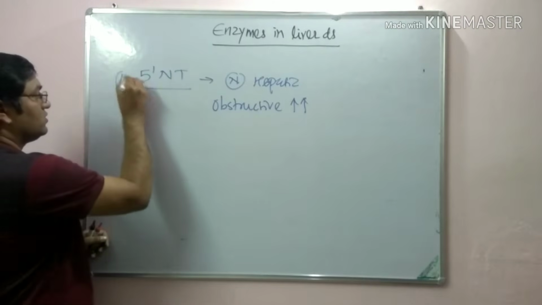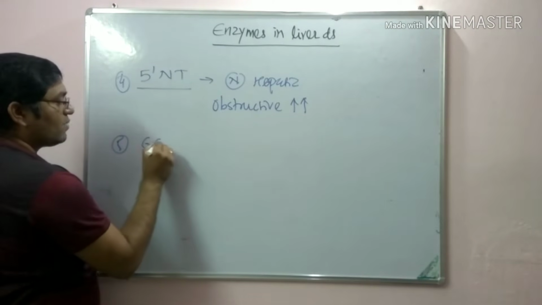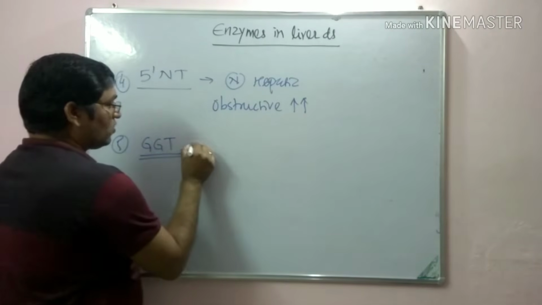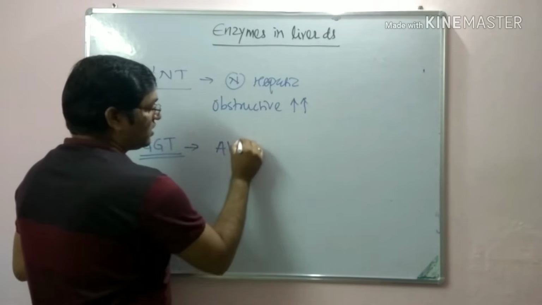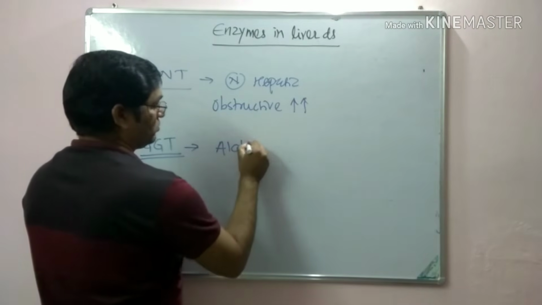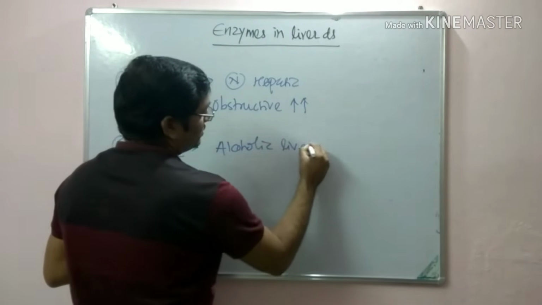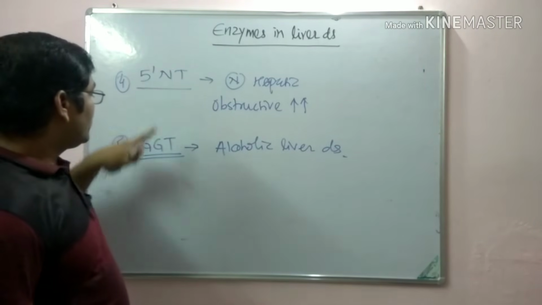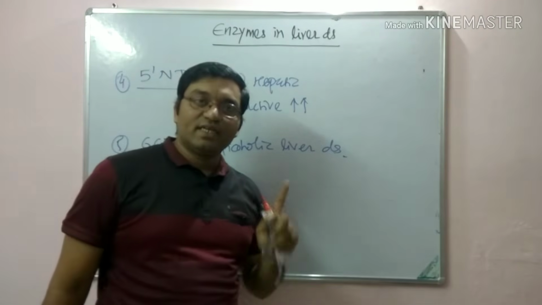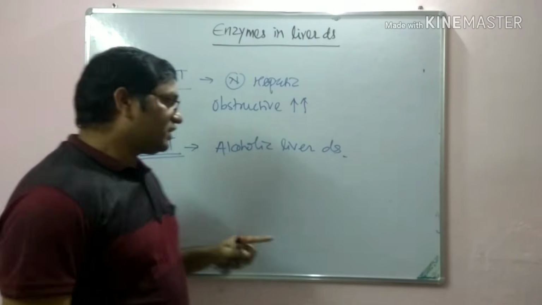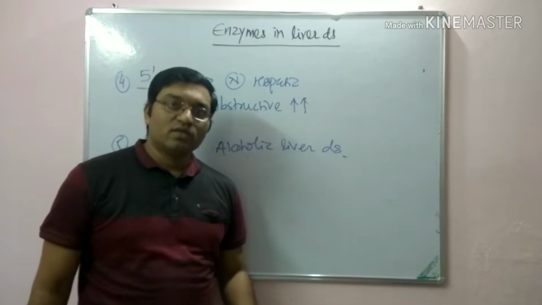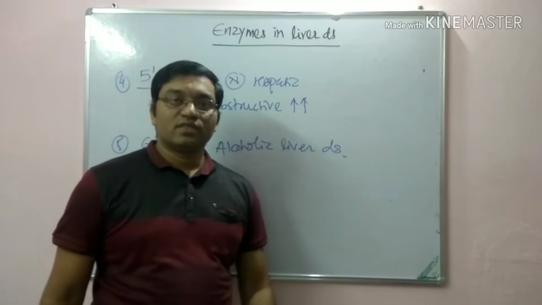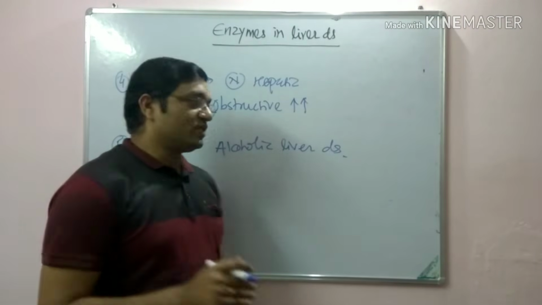And next one is the GGT, that is gamma glutamyl transferase or gamma glutamyl transpeptidase. The concentration specially increases in alcoholic liver diseases. So ALP, 5' nucleotidase and gamma glutamyl transferase indicate the obstructive pathology, whether it is intrahepatic or extrahepatic, and ALT and AST represent the hepatic cell damage.